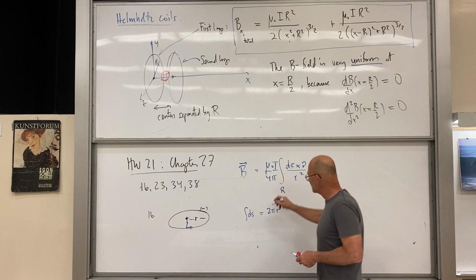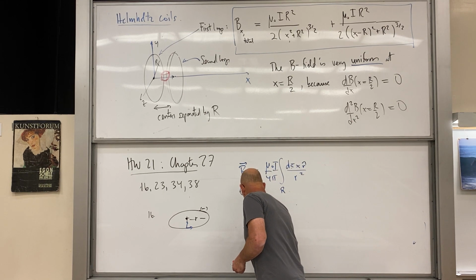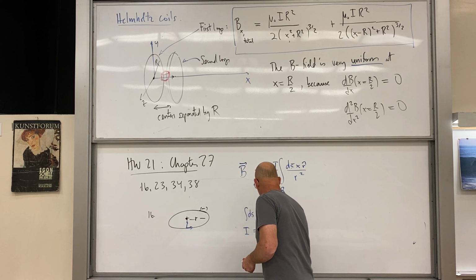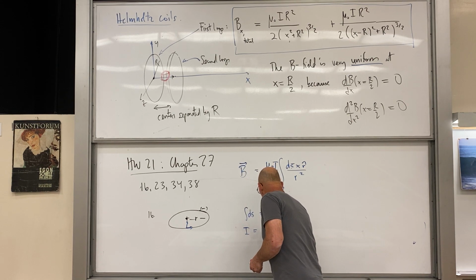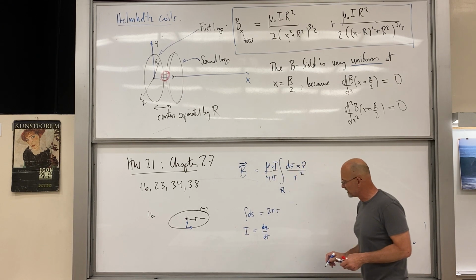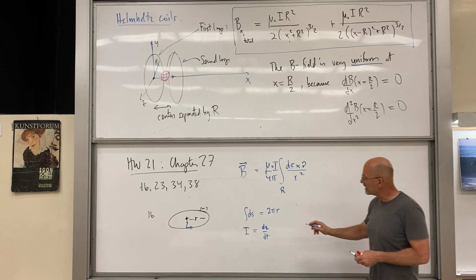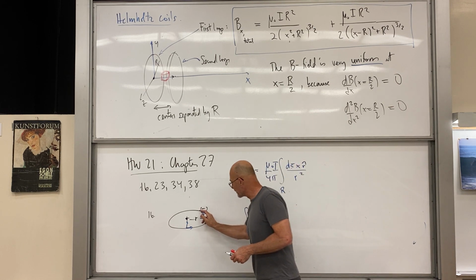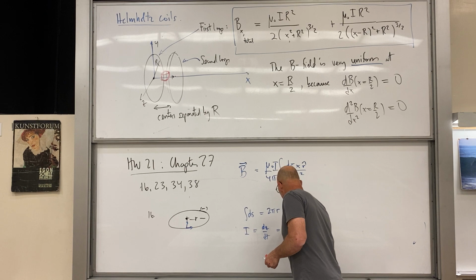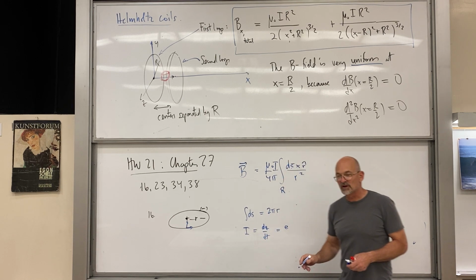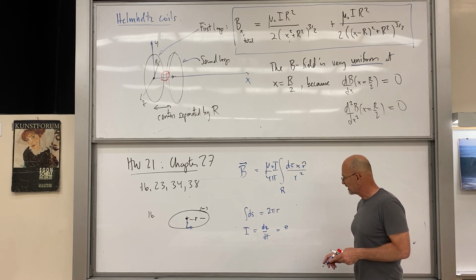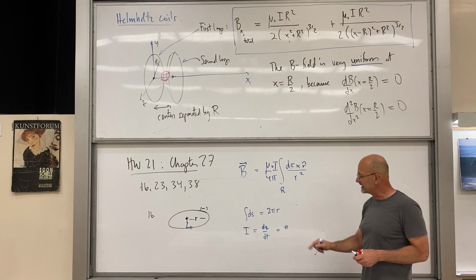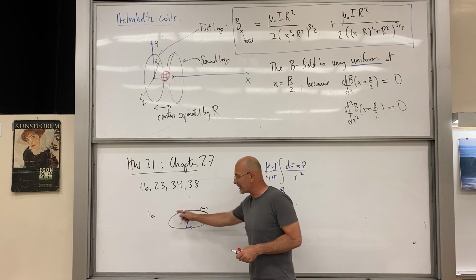And the current, I is equal to dq over dt, where we have charge with respect to time. So how much charge is going around? Well, the dq is just the electron charge. What about the dt? Well, the dt is the time it takes to go around once.